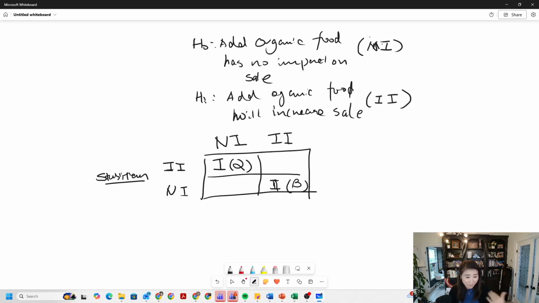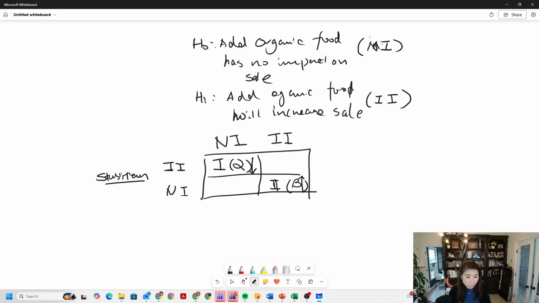Now you end up tanking the profitability of the company, right? So they are thinking, you know what, the alpha should be really small. We need to control that. So their goal is to try to reduce the alpha so that they do not end up losing money, losing profitability.